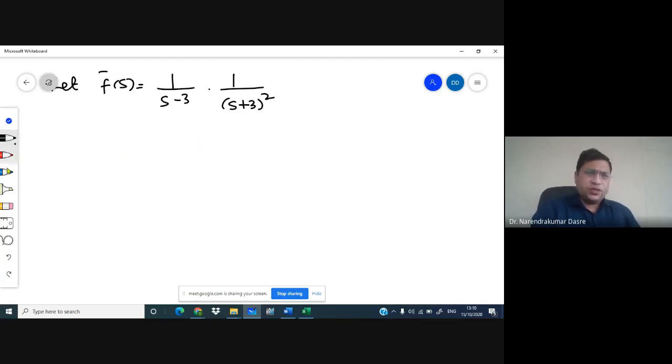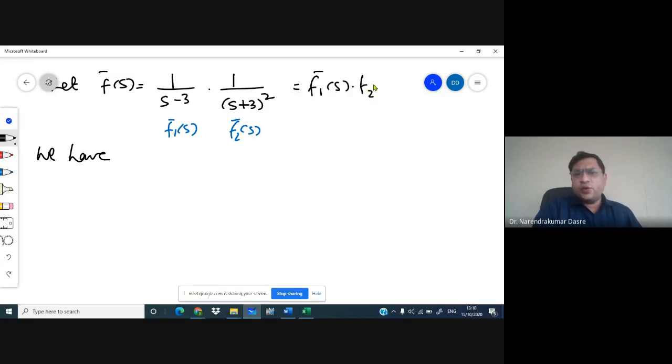We have to find the inverse Laplace transform using the convolution theorem. So this is f1 bar of s and this is f2 bar of s. This is f1 bar of s into f2 bar of s.